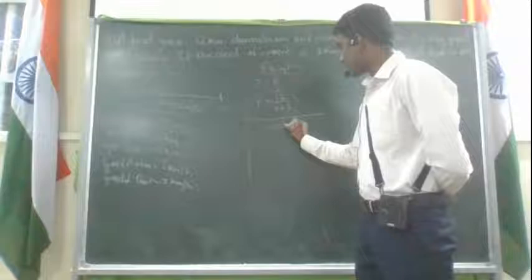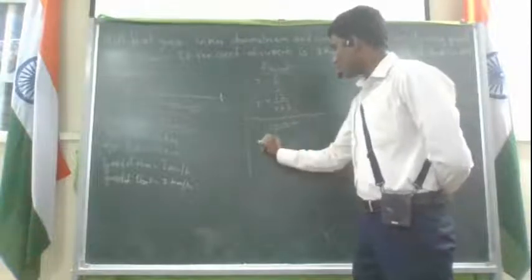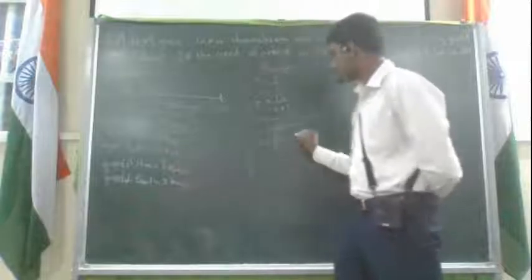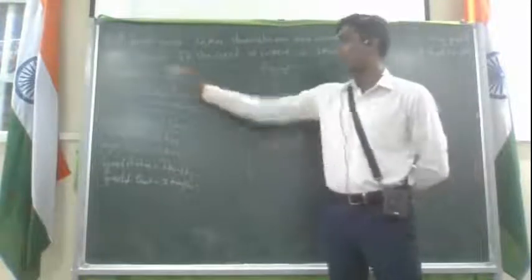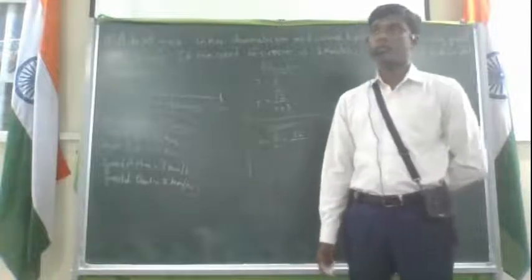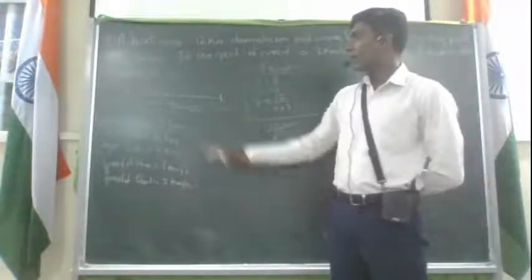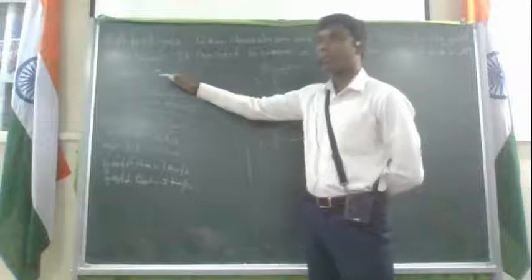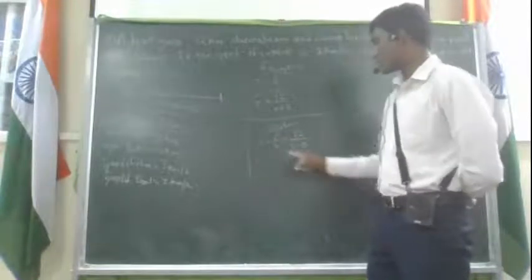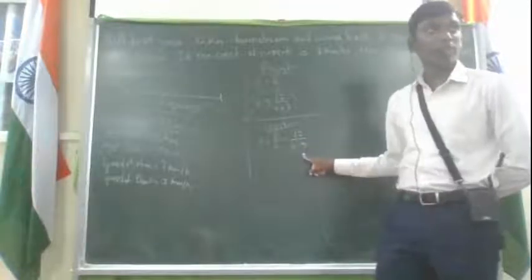Now you will tell me for upstream. The time formula is distance by speed. What is the distance covered upstream? 12. What is upstream speed? x minus 3. So can I say this is the time taken upstream?